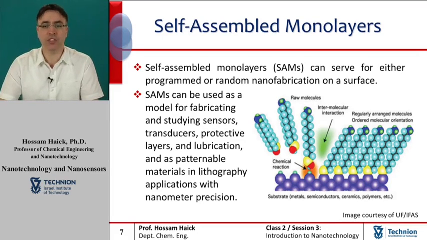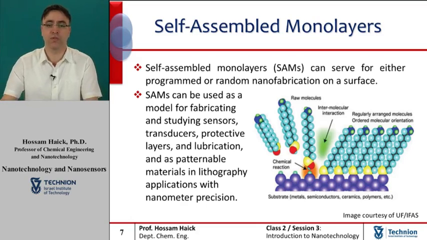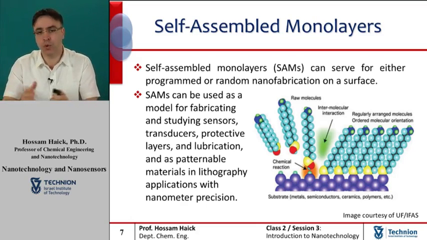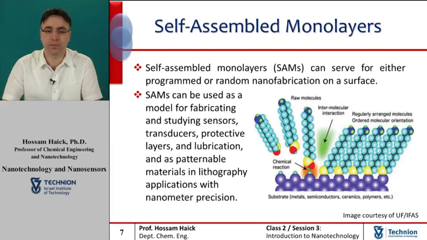In this way, they functionalize the nanostructure. This is an advantage because the nanostructure can now selectively attach itself to other molecules or self-assembled monolayers. This technique is useful in biosensors or other devices that need to separate one type of molecule from its environment, as we will learn in the next classes.